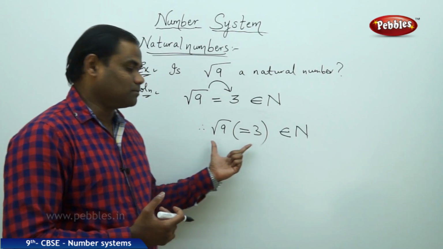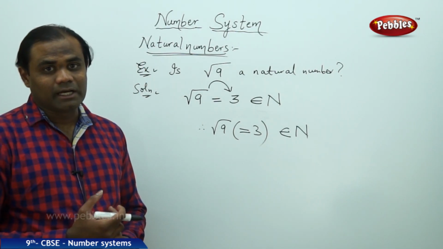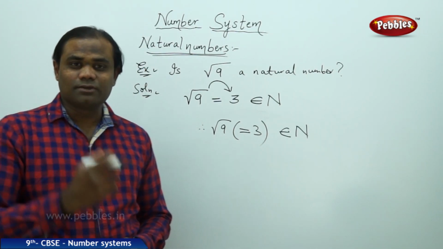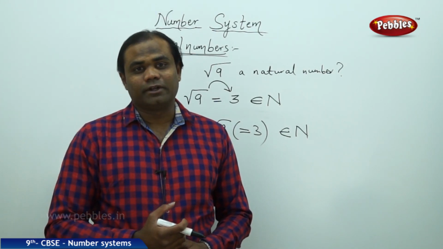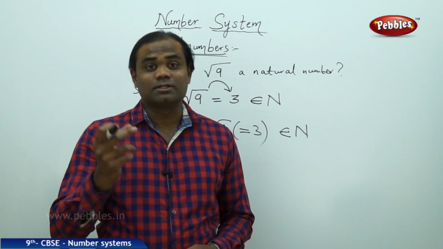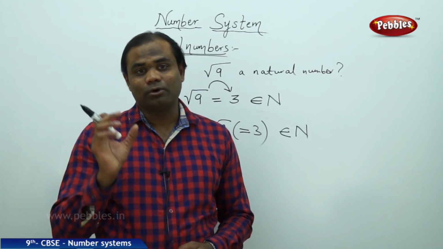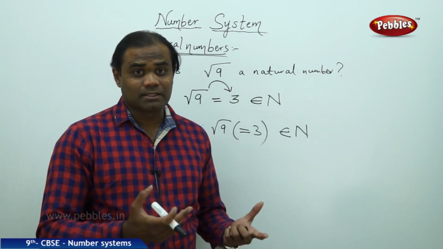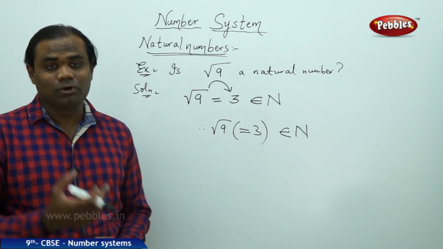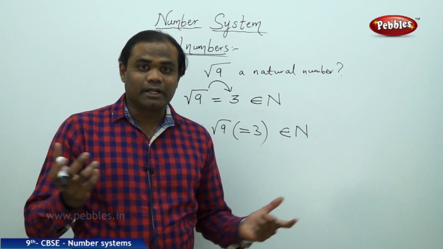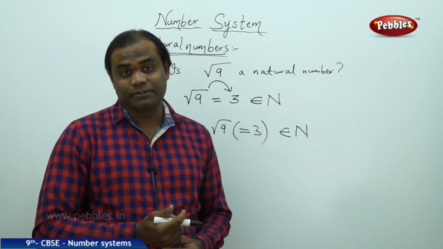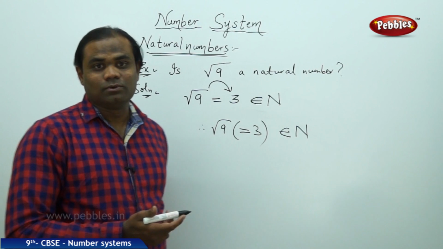So what we understand from this basic example is that whenever a question is given about testing on a natural number or not a natural number, we try to simplify it to the most simplified form. It is very important to note that until and unless a given problem is simplified to the most simplified form, we cannot judge on the number being a natural number or not a natural number. Let's do one more example.